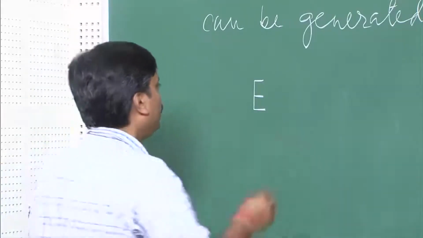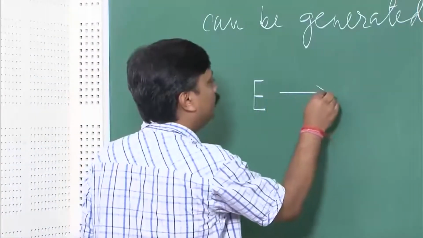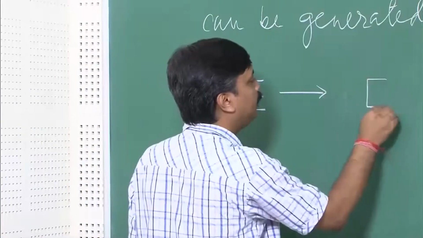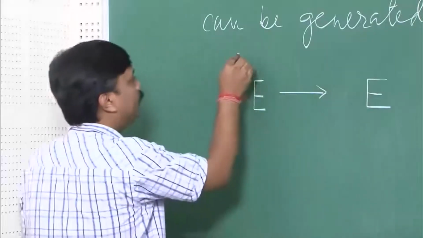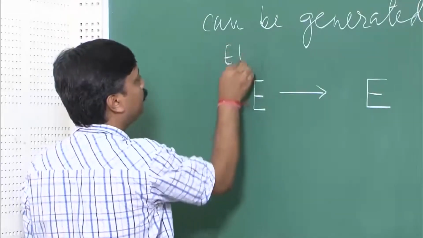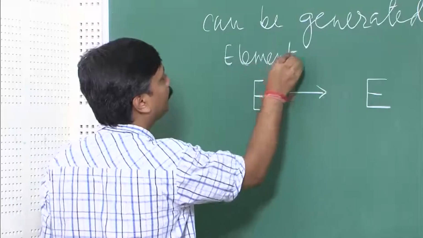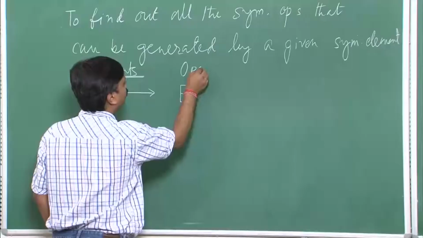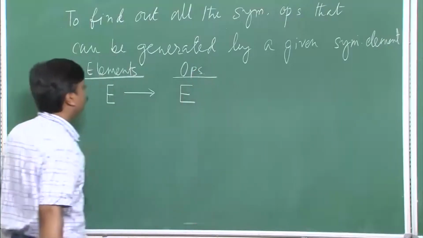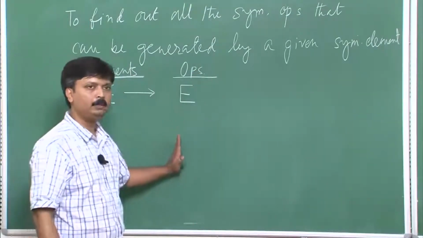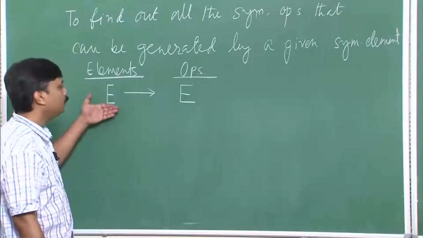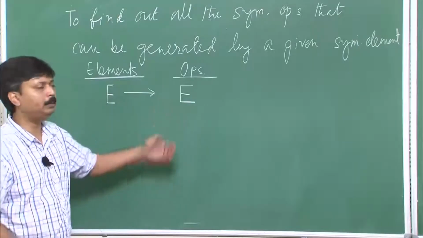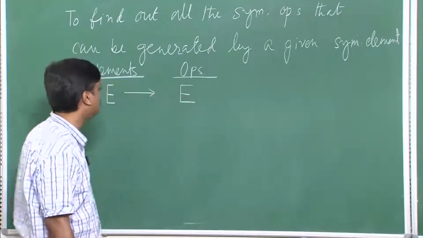So one identity element E will generate only one symmetry operation, that is also E. So these are symmetry elements and this part will be symmetry operations. So the E element will generate only one symmetry operation, that is the identity operation.